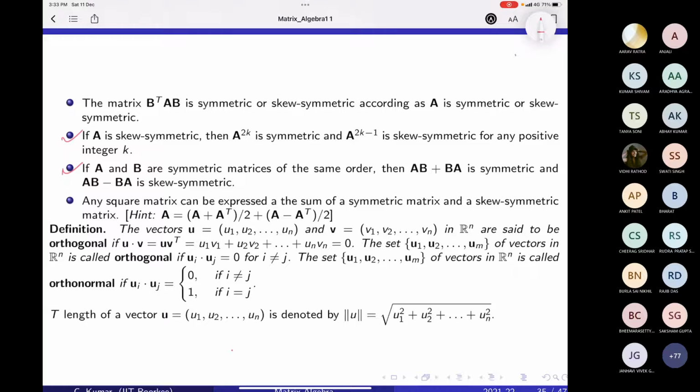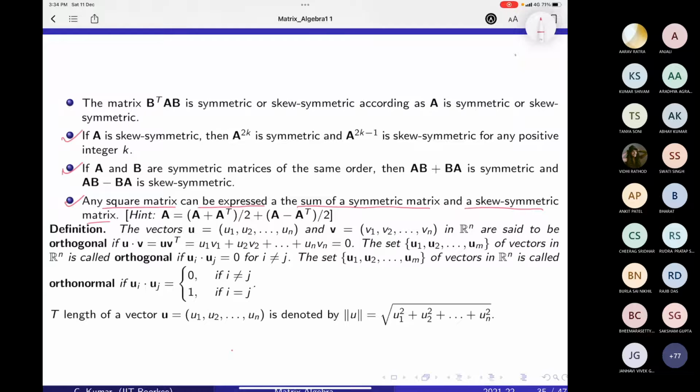Now the next property says that any square matrix can be expressed as the sum of a symmetric matrix and a skew symmetric matrix.